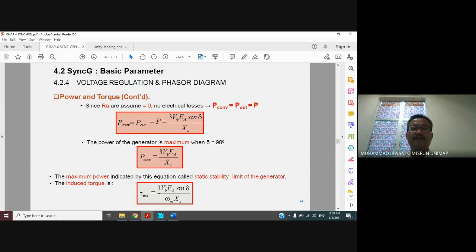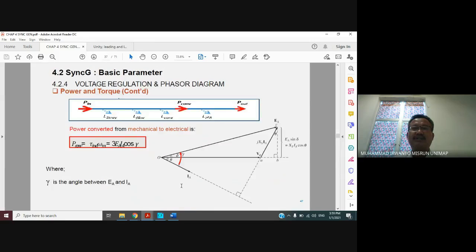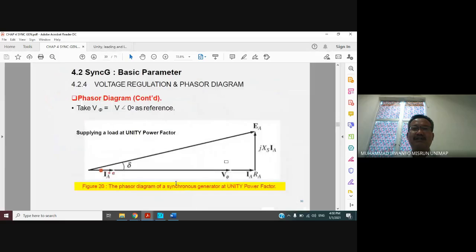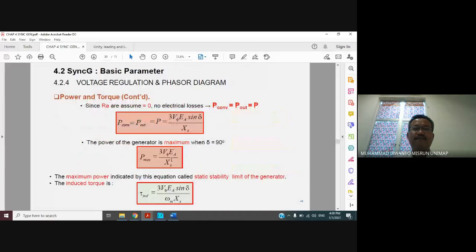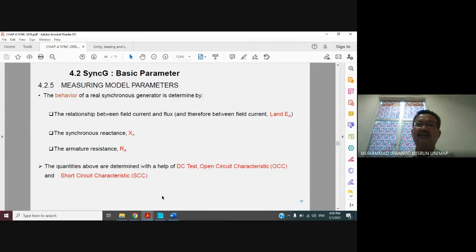Same here, the induced torque can be written like this: 3 times phase voltage times internal generated voltage times sin delta, where delta is the angle between them, divided by mechanical speed multiplied by synchronous reactance.